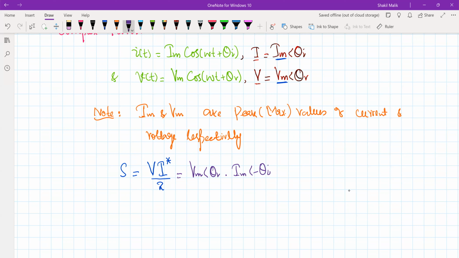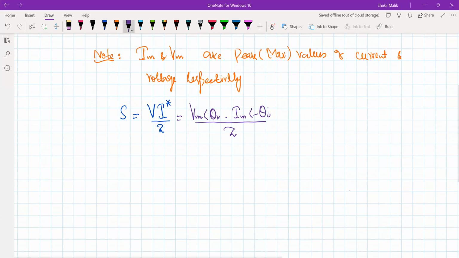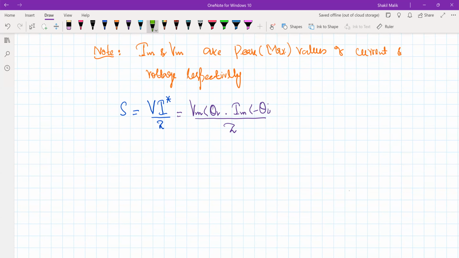Complex conjugate means simply replacing theta by minus theta, or in terms of the rectangular form of a complex number, replacing j by minus j. That's what conjugate means, divided by 2. So this is how the complex power is defined. Now we can manipulate this expression a little bit.